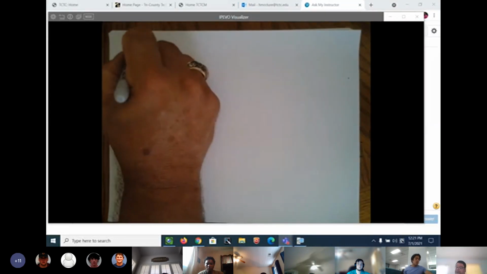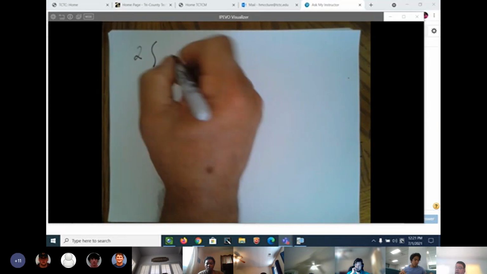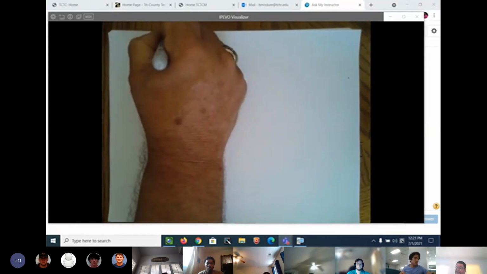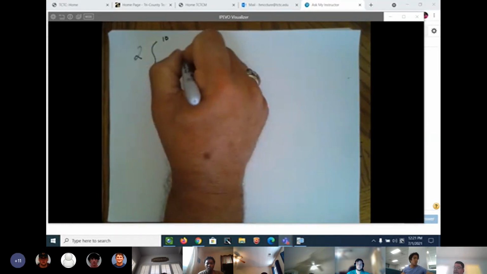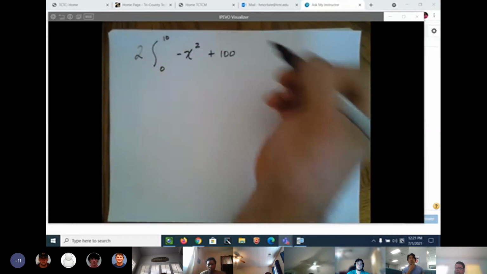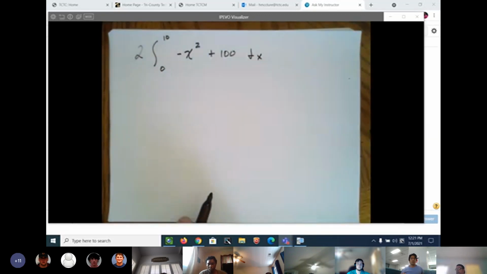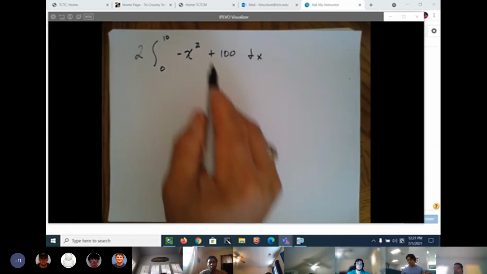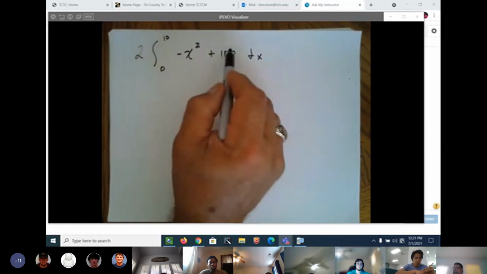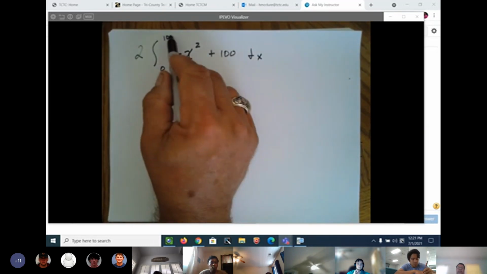So 2 times the antiderivative from 0 to 10 of negative x squared plus 100 dx. I want to find the area, the height times the base, from 0 to 10.